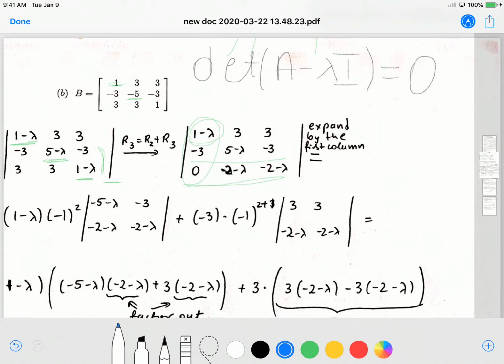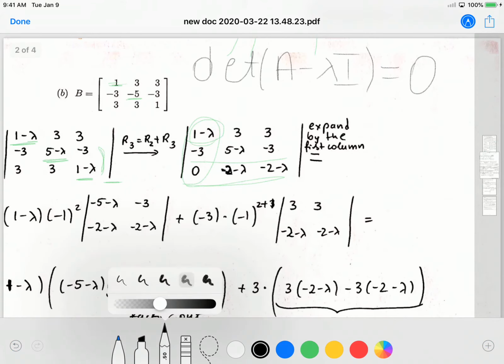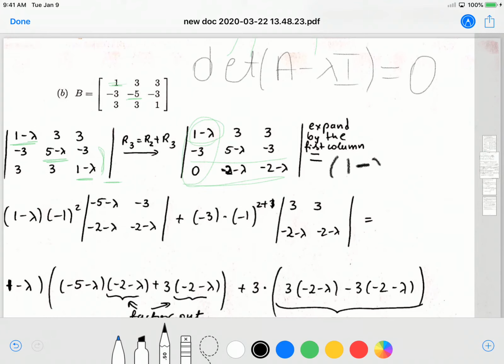Maybe I would write. By the first column, we would have 1 minus lambda times the cofactor of 1 1, plus, and then we're going to have minus 3 times the cofactor of the position which is 2 and 1.